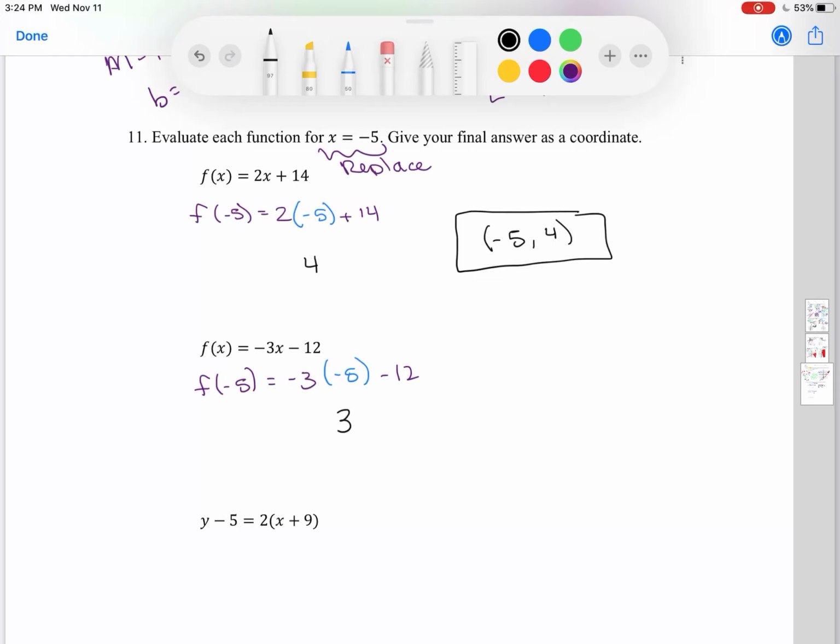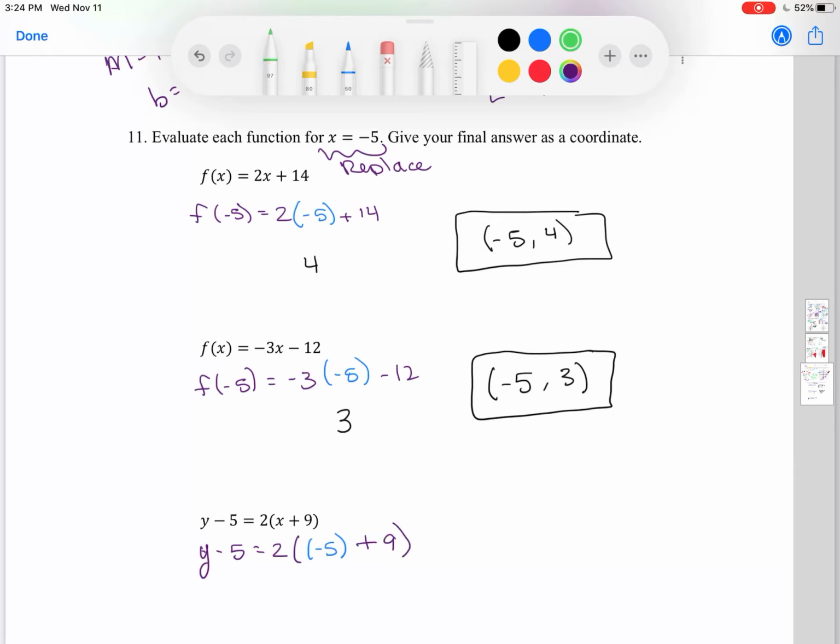Follow that same routine for the other questions. Just plug it in, make the calculator do the math. I believe this one should give us a 3. Yep. Therefore, the coordinate is (-5, 3).